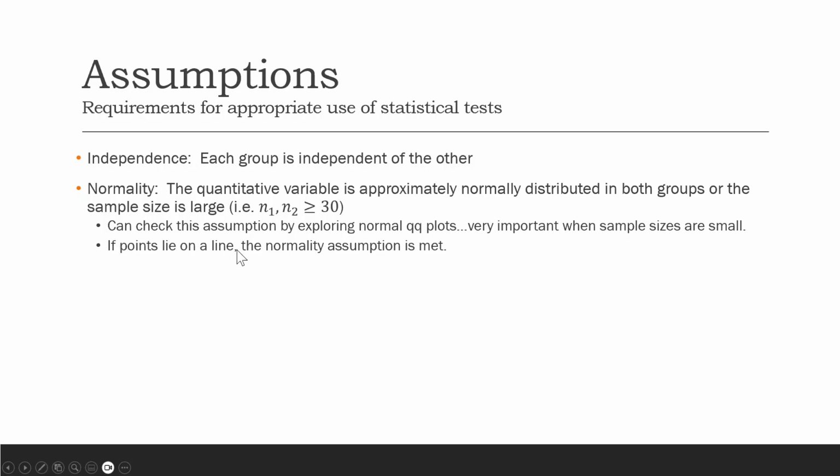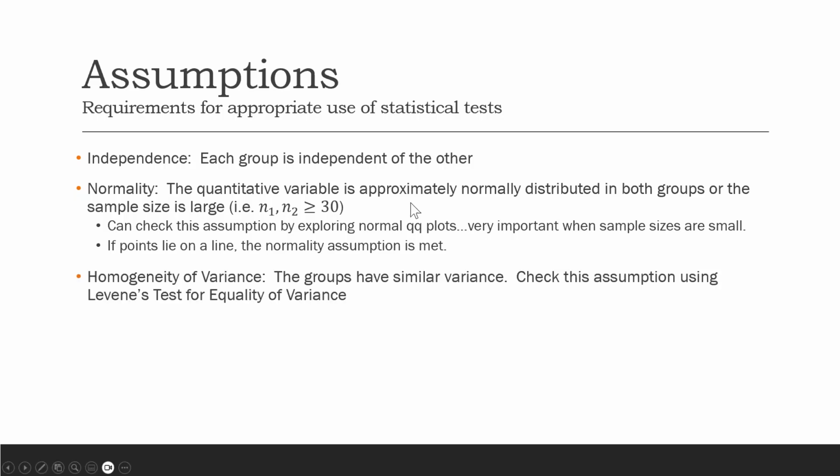We'll see an example. If the points lie on a line or approximately on a line, then the normality assumption is met. If they're scattering and deviating far from the line, then that's evidence that our data is not normal, all right? And if our data is not normal and we have a small sample size, we cannot use the independent samples t-test, all right?